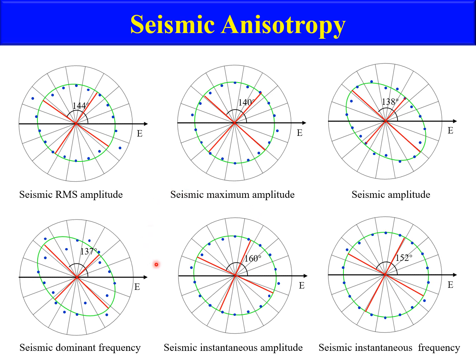Among those seismic attributes, we can notice that the seismic amplitudes and the seismic dominant frequency have the most obvious anisotropy.